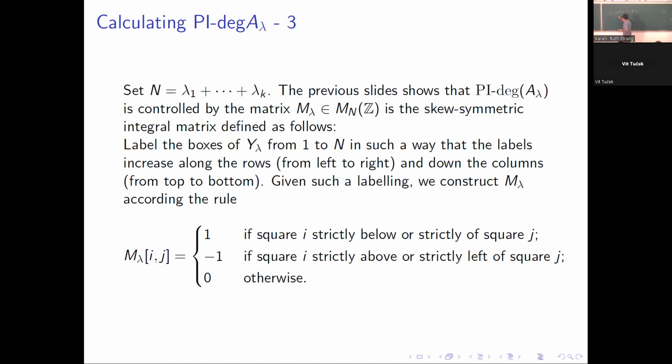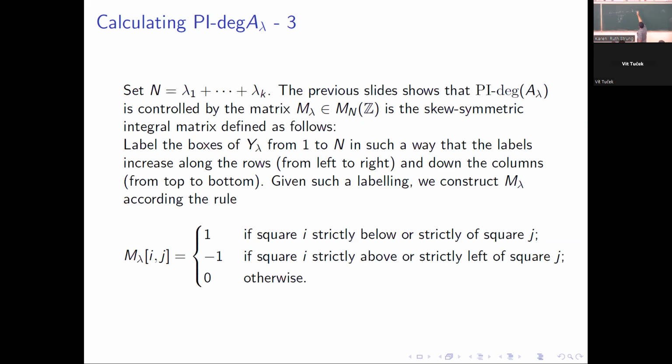Let's say here and here, they are not in the same column nor in the same row. So the commutation relation between these two entries has to be 0 if my square i is strictly below and left of square j.